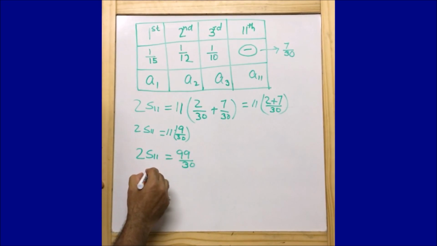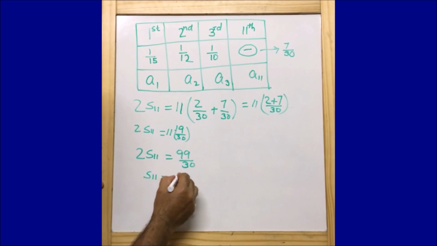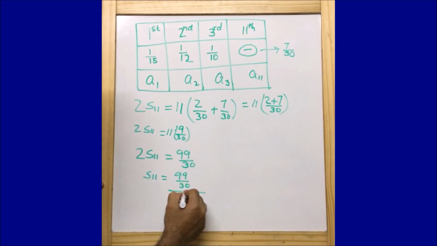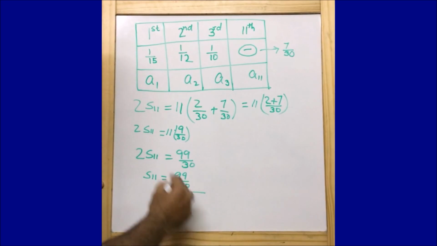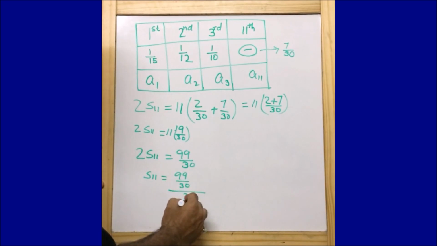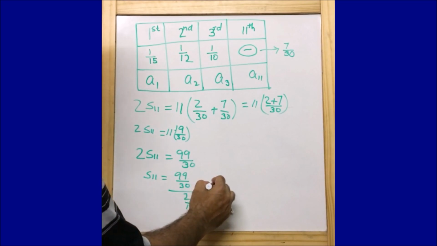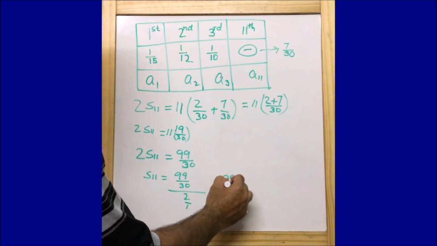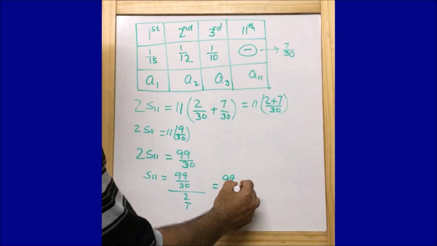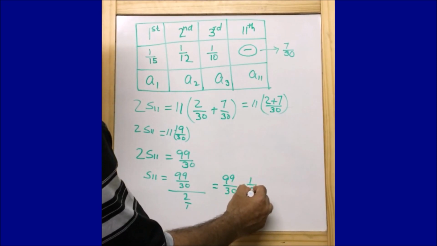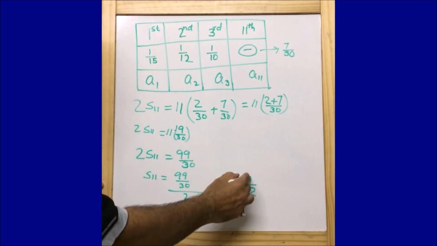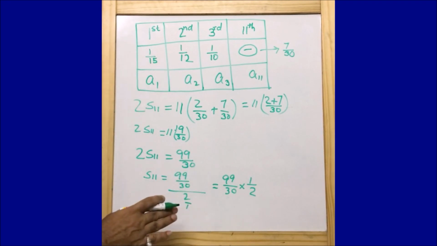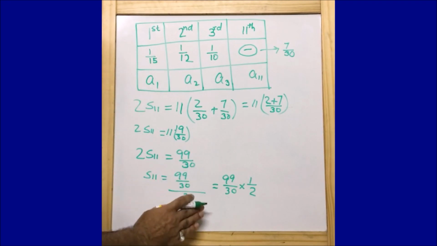Or I can write S11 is equal to 99/30 divided by 2, where 2 is 2/1, so that is 99/30 into 1/2. I could have easily written it as into 1/2, but to make you understand, I have written it like this.